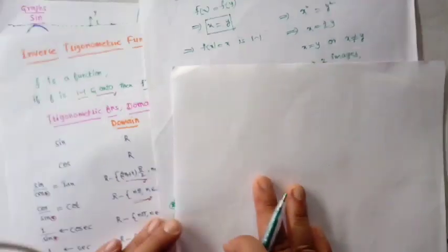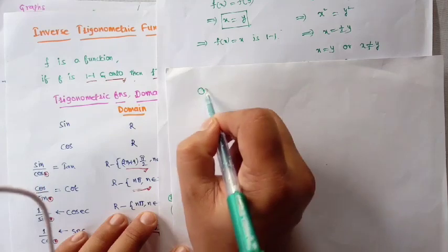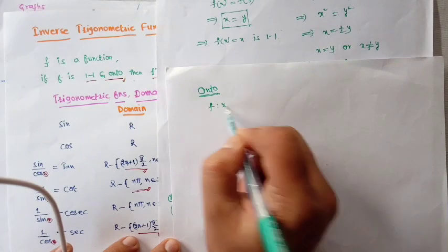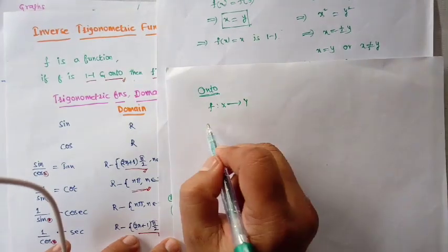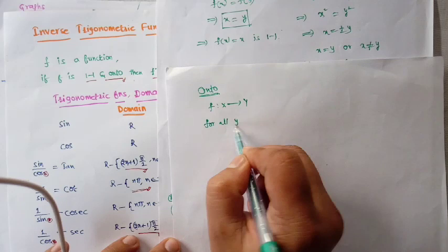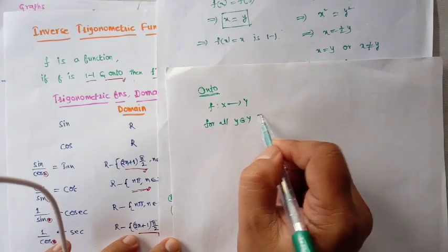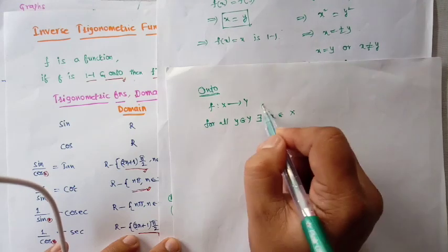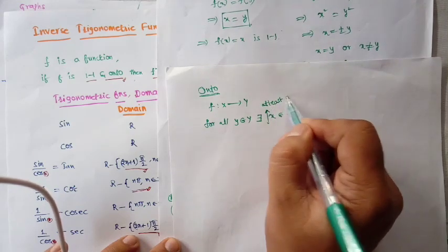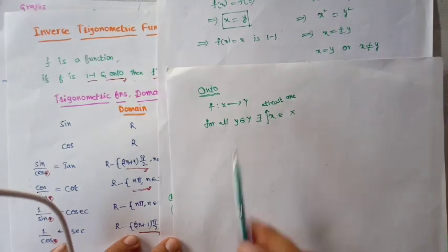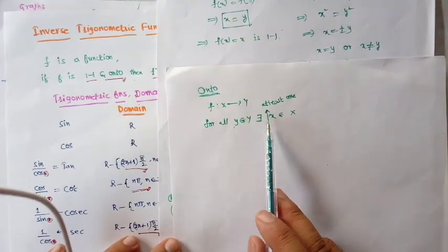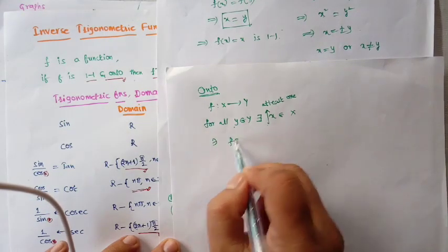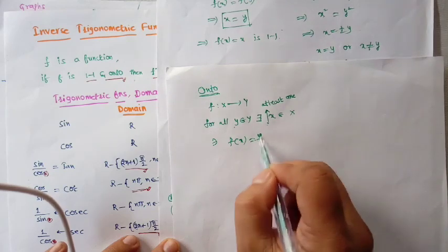So what is onto? Let's see from the definition itself. f is a mapping from X to Y, any function, is given. For all y belongs to Y, there exists at least one x belongs to X such that f of x is equal to y.